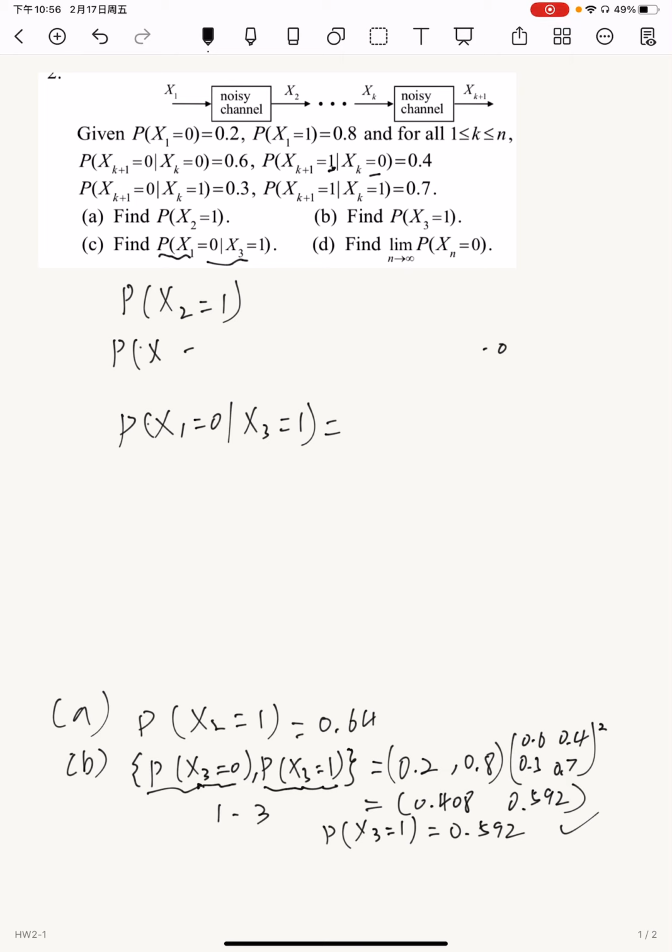it's equal to the probability of x1 equals 0 and x3 equals 1, divided by the probability of x3 equals 1.